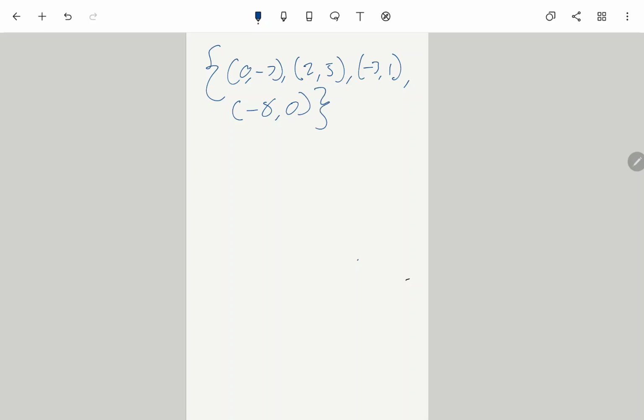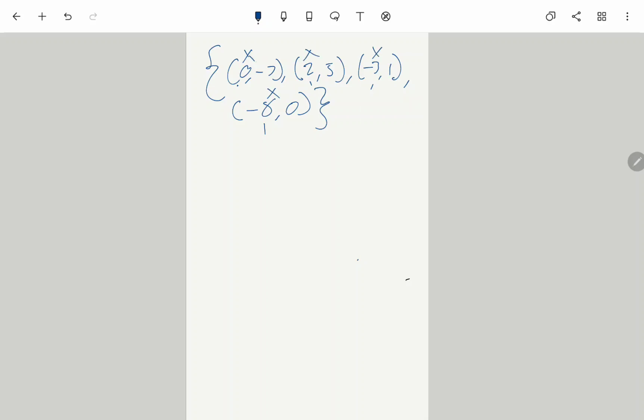So remember, your first numbers are your x numbers.